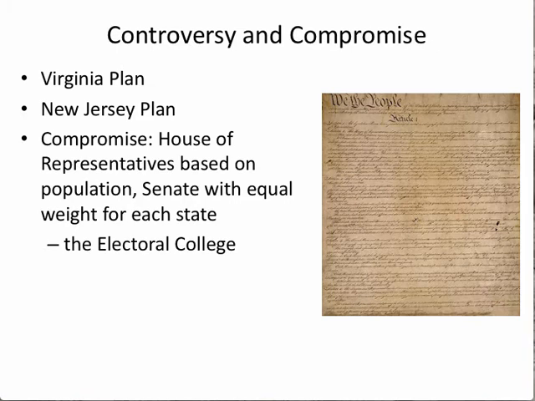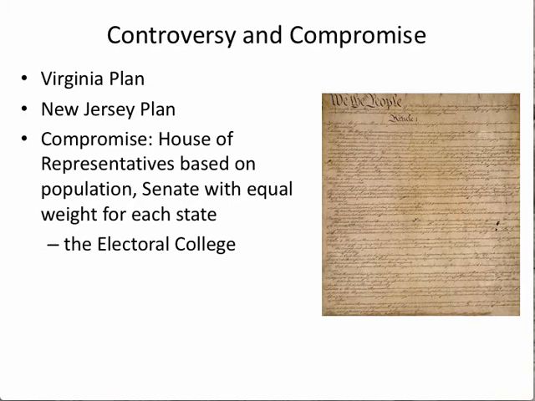The lower house, the House of Representatives, is apportioned based on population. So in the House of Representatives, best I recall, California, the most populated state, has 54 representatives, while Wyoming, the least populated state, has just one. Georgia is in between with 14 representatives.